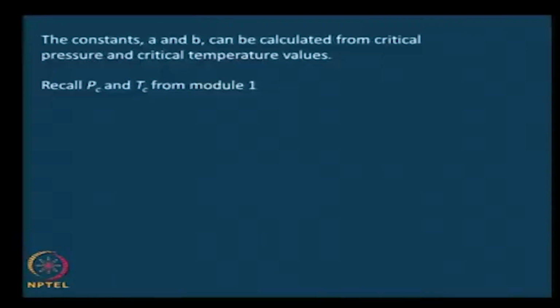I hope we can recall what Pc and Tc are. Remember that those are the pressure and temperature values that correspond to the critical point. It was a point in the PT diagram, and a point at the top of the curve in a PV diagram, and that is pretty much the place where the critical phase starts.